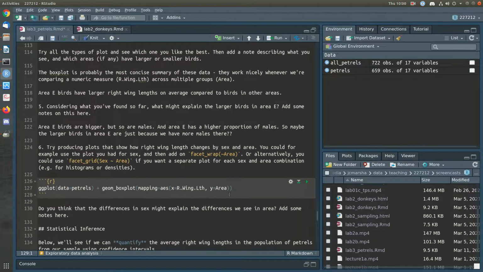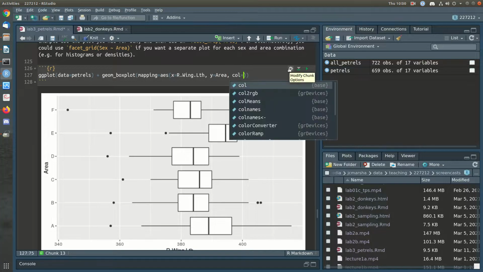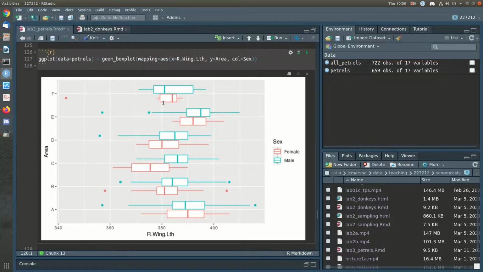So what we're going to do is rerun that, and now we want to split this up by sex. So we're just going to add some colour for sex. There we go. And because there's so many of them, and due to the aspect ratio of the plot, because there's like 12 box plots here, they all have to squish into the height. The width is bigger, so swapping the role of X and Y will probably give me a nicer looking plot.